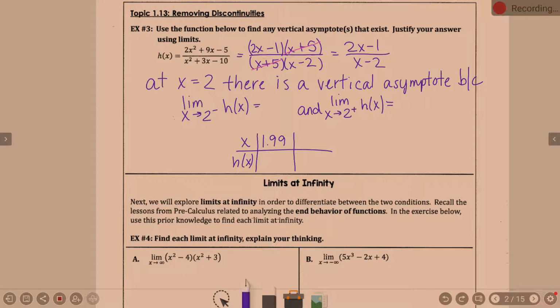But which one is it? So, 1.99. I'm going to use my simplified version. 2 times something under 2, minus 1, is going to result in a positive, because that's almost 4 minus 1. That's a positive on top.